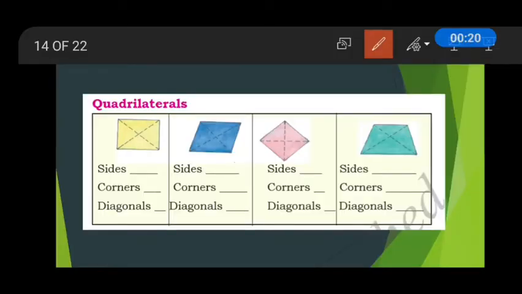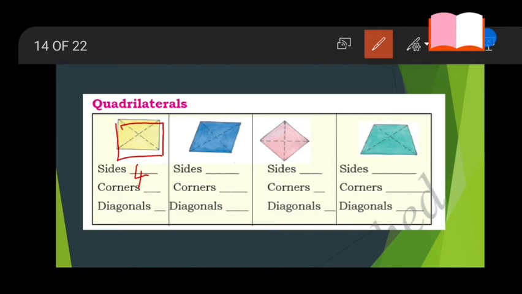Here are a few examples which are given in your textbook. Now let's solve them. I have already told you quad means 4. So how many sides will there be in a quadrilateral? This is one side, second, third and fourth. So totally there are 4 sides. How many corners will there be?